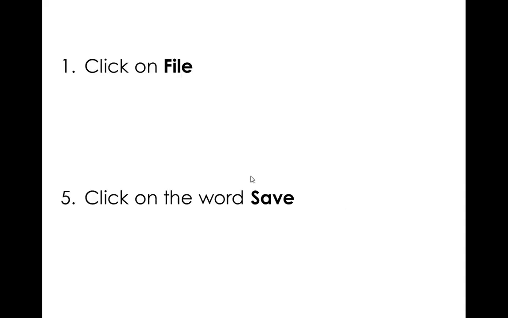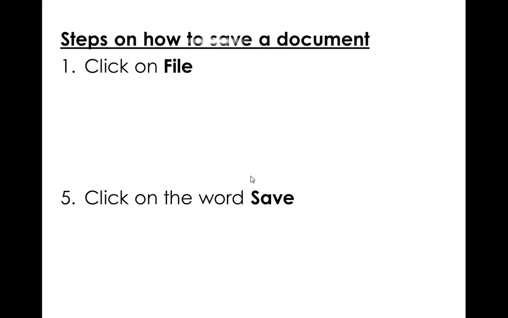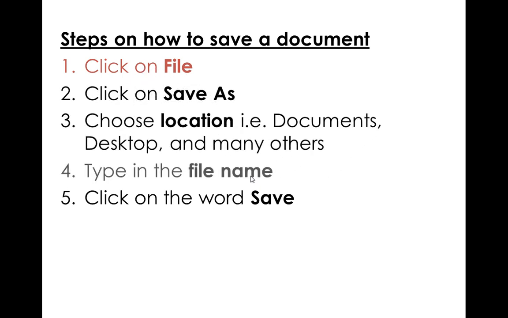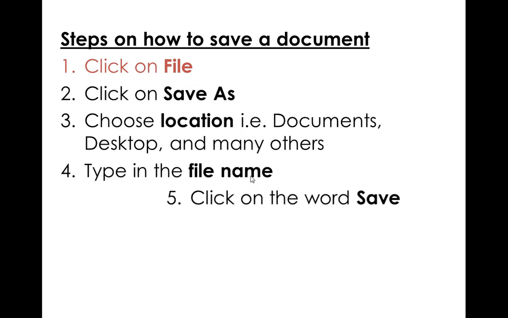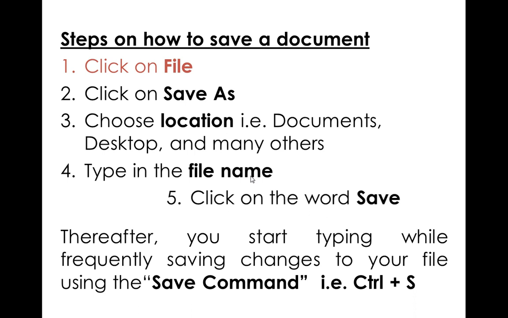Let us continue with the steps on how to save a document. And here they are. The first step is to go onto the ribbon of Microsoft Office Word and click on the word called File.